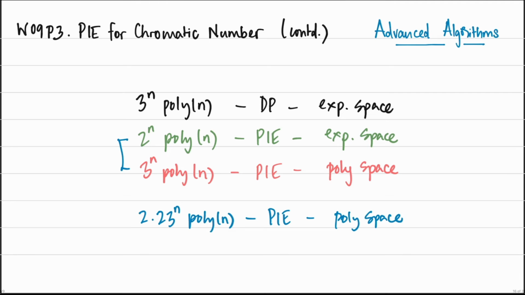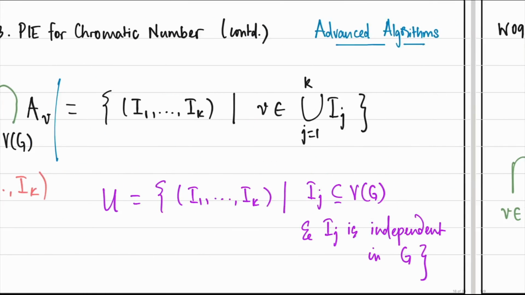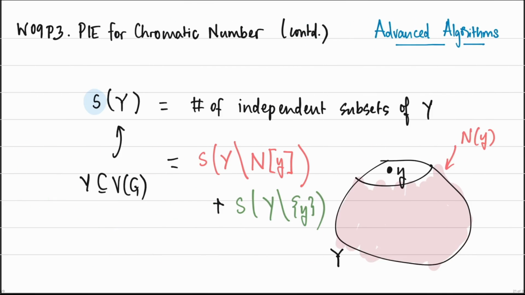Notice that the exponential space really came up in the computation of the S entries. This was the pre-computation step where we said that we will look up a DP table that tracks the number of independent subsets of a subset Y. But now, instead of looking this up, we can actually compute it on the fly.